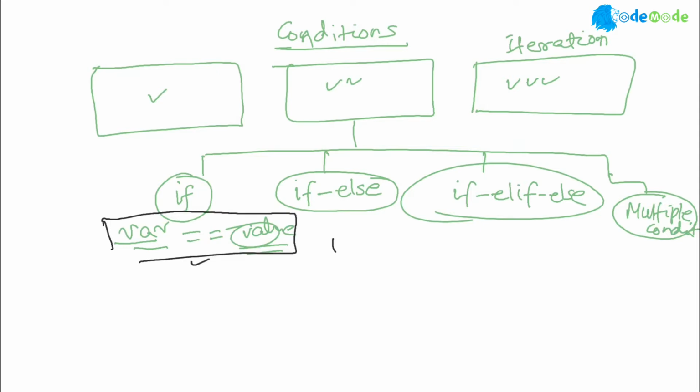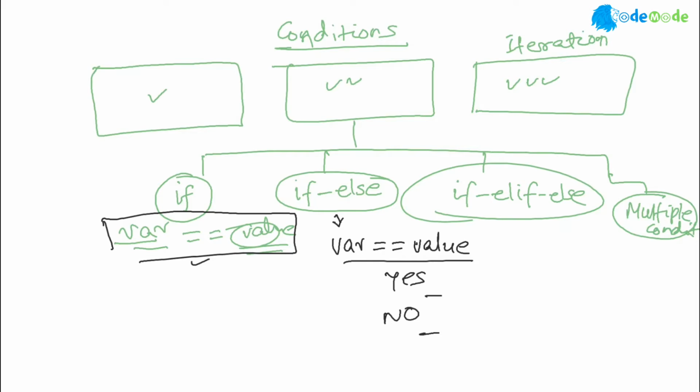Similarly, in if else, we are checking if this variable has some value or not, and if yes, then do something, if no, then do something else. This is what we did in the last class. But at a high level, we are still dealing with one variable and one value.